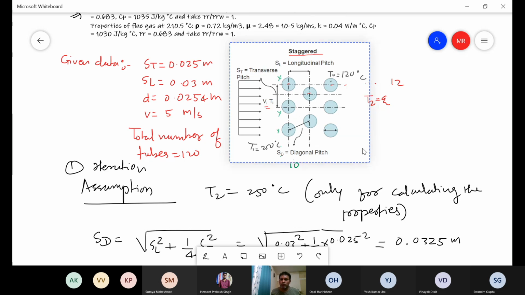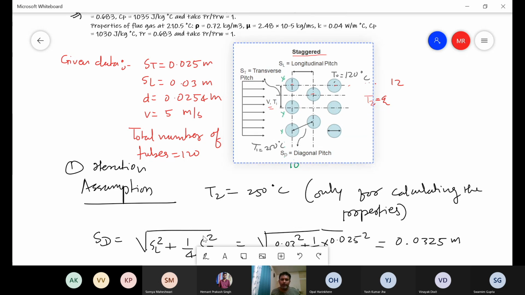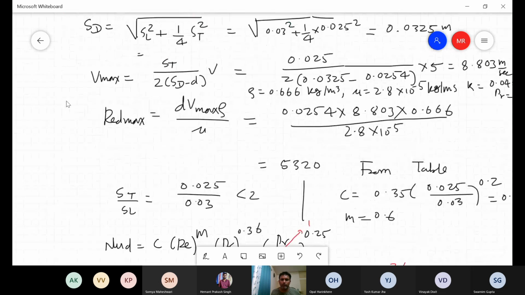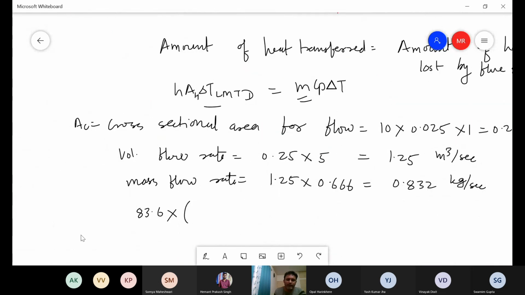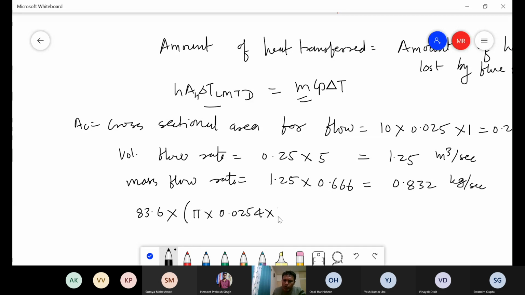Okay, so now let us go back to our balance one more time. So 83.6 into the area of one tube, which is pi dl. So that is pi into d, which is 0.0254. Length of one tube is 1 meter and there are 120 such tubes, so that is 120.